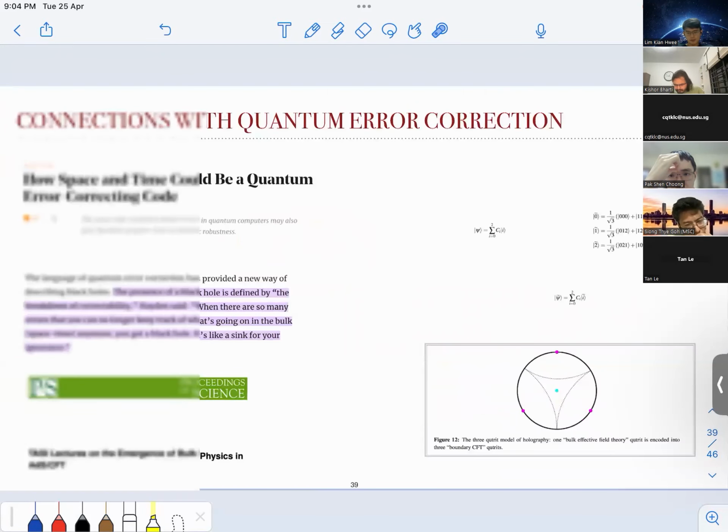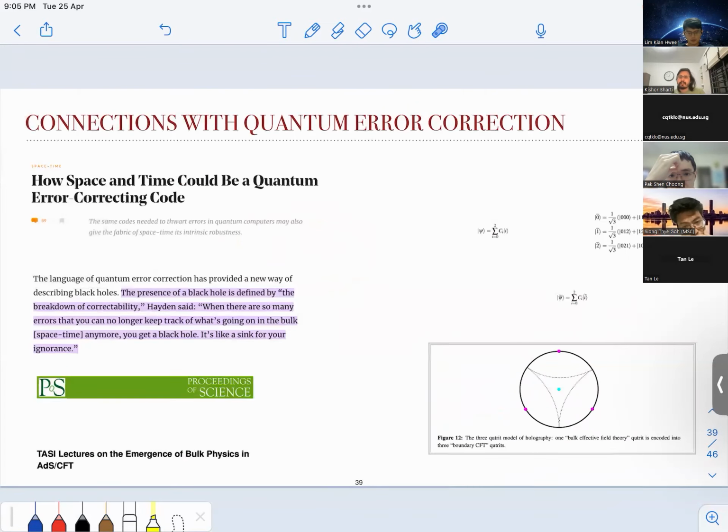When you carry out this AdS/CFT correspondence, it says that three qutrits at the boundary encode one logical qubit in the bulk. Very nice.